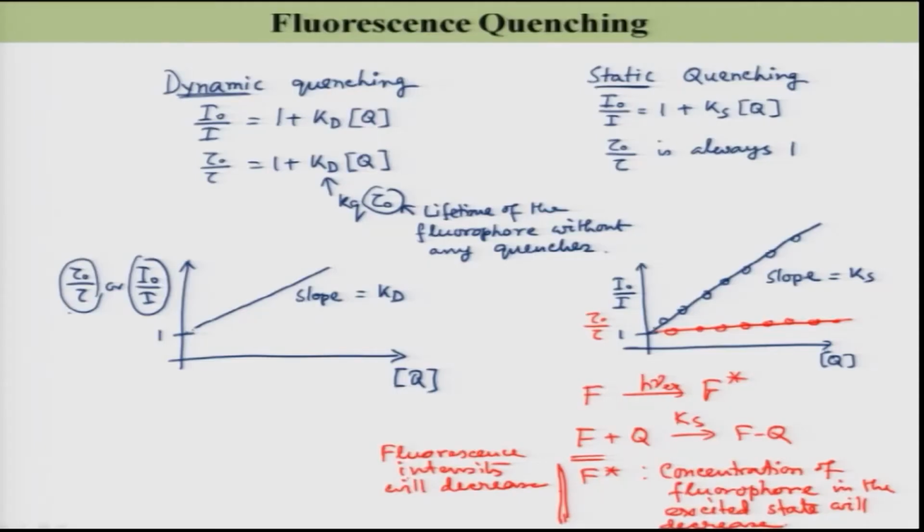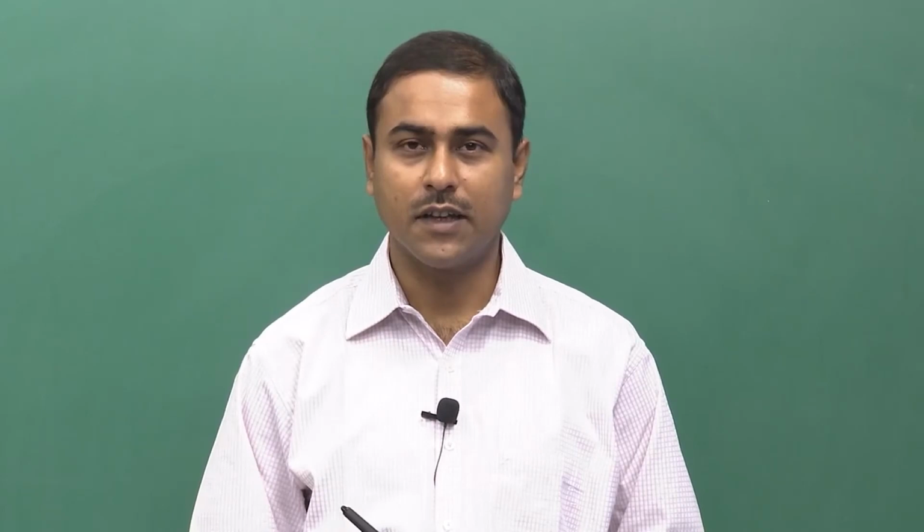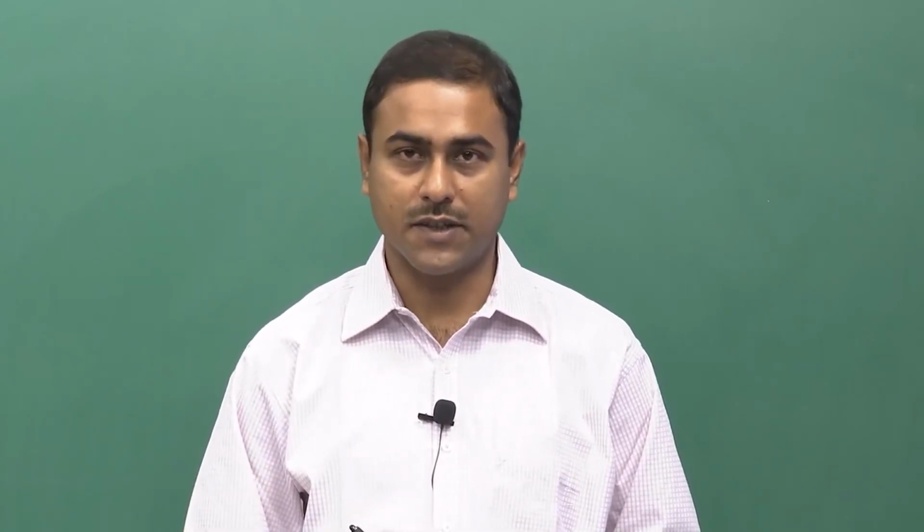Okay. Now, we are going to look at a different phenomenon. In this case, we will see what happens if both static and dynamic quenching are present. So, here we will see combined static and dynamic quenching.